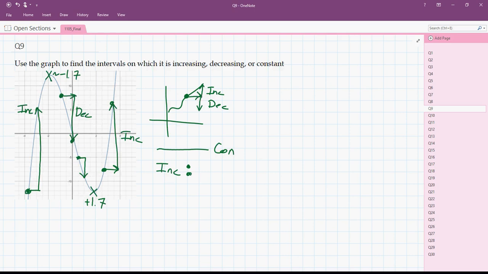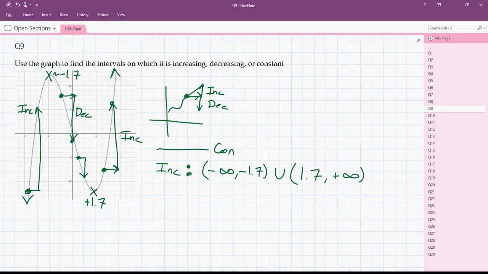So then if we're looking from where it's increasing, once it goes off the graph, you could assume that it continues that behavior permanently. So at this point, you can assume it keeps going down, and at this point, it keeps going up. So we would say it's increasing from -infinity all the way up to -1.7. And that would be unioned with 1.7 to +infinity.